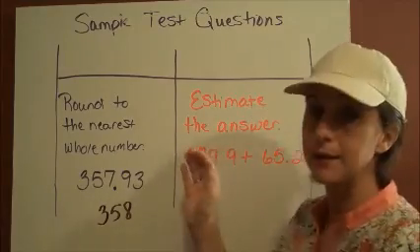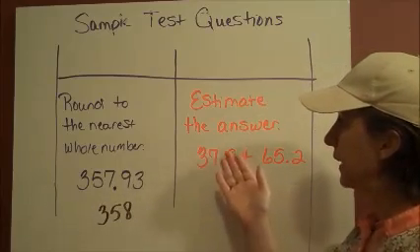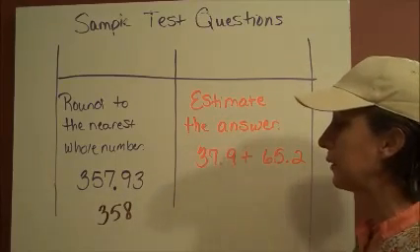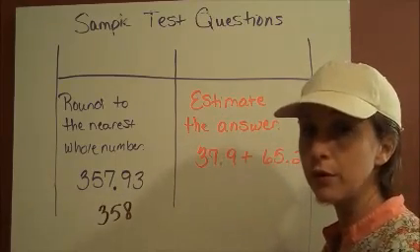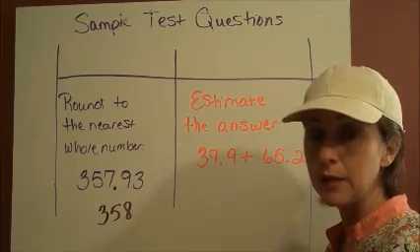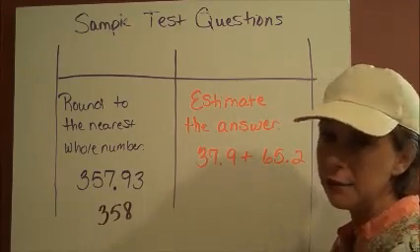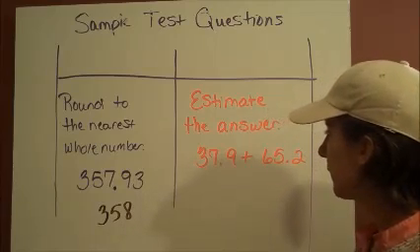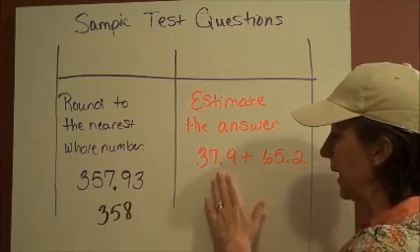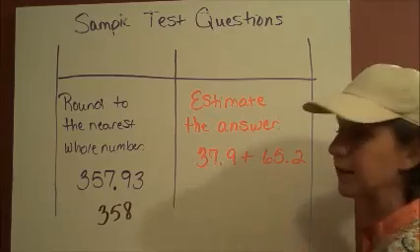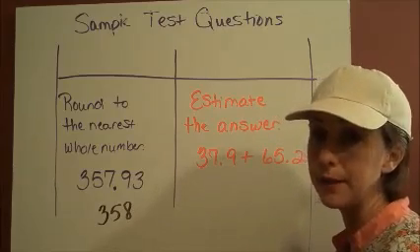But when you are asked to estimate, it just simply says estimate the answer. There's going to be more than one answer because estimating is what makes it easy for you. And what makes it easy for you may not make it easy for the person beside you. Some of you may be able to estimate this as 38 plus 65 because you can do that mentally.